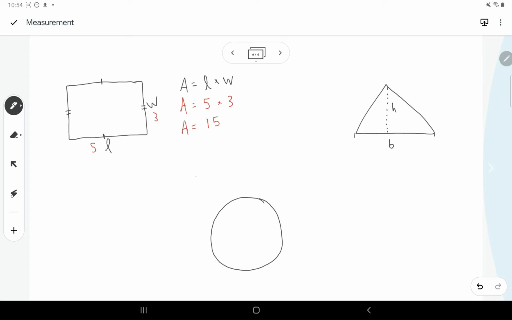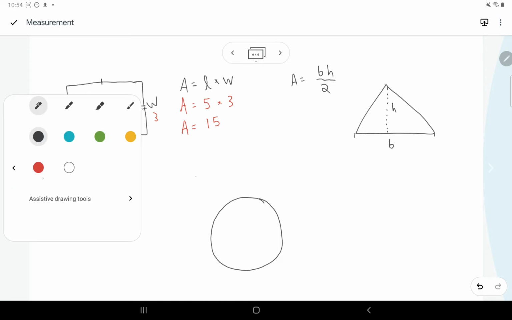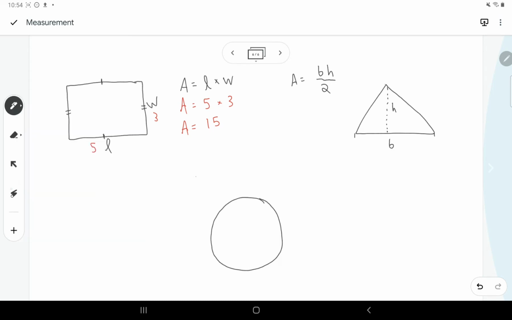The formula we use is area equals base times height divided by 2. It looks a little bit like the rectangle's, because you've got length times width, base times height, if you can imagine that these are instead 2 squares, and then we're just cutting them in half to find their total.